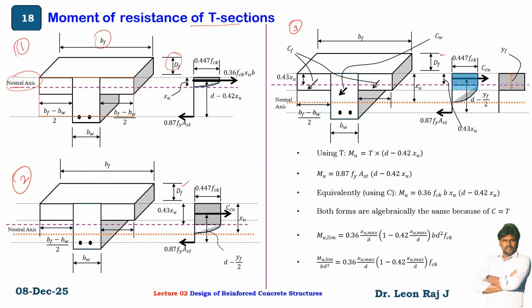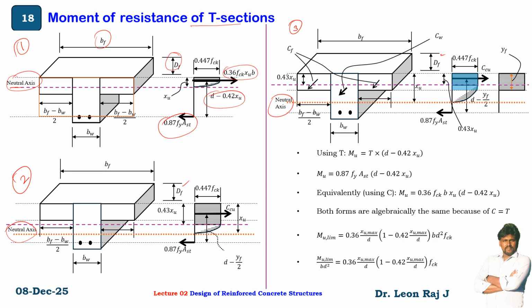So the moment of resistance is very simple, as for a singly reinforced beam, where the compression force is 0.36 fck, the tensile force is 0.87 fy Ast, and the lever arm is d minus 0.42 xu. In the other two cases, the neutral axis falls in the web portion, below the flange portion.